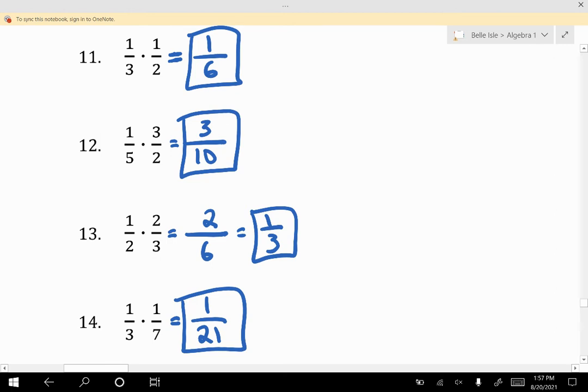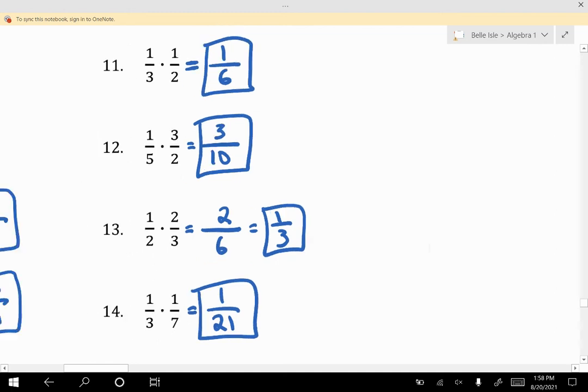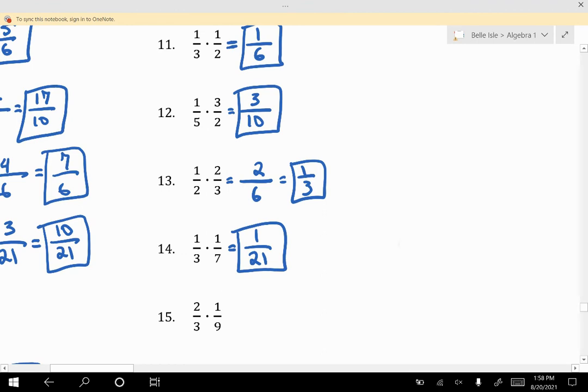If you put 1/3 there and didn't show me the 2/6, that's okay. But if you wrote 2 over 6, don't erase it and then put 1/3. Just show me that you had 2/6 and then you knew that you needed to simplify. Don't worry about erasing it.